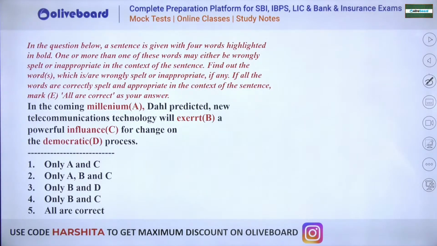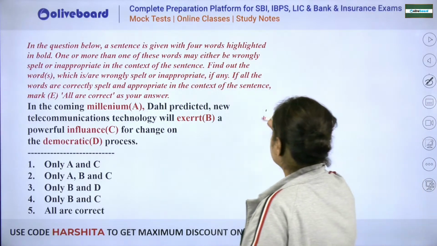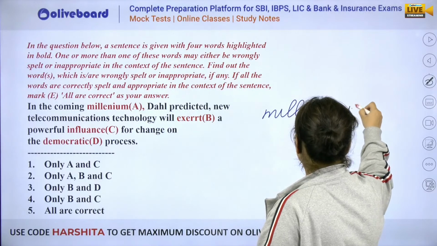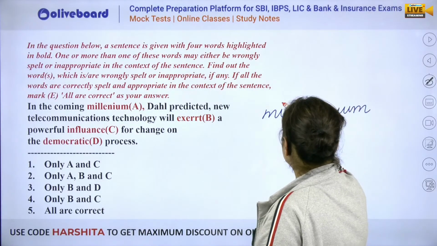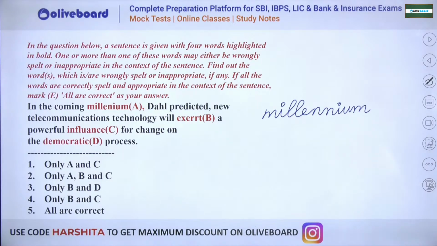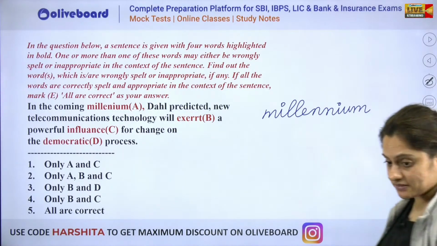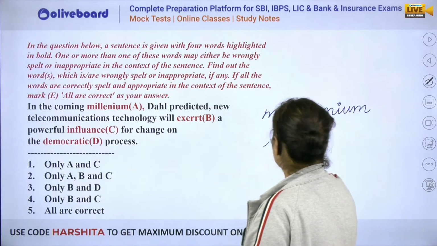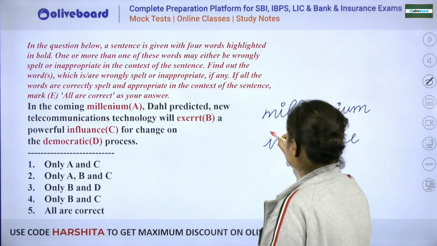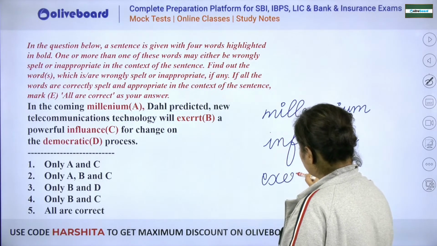Now this spelling, I think the majority make a mistake. But actually when you write millennium, there is double M and double N. The majority goes wrong with it, but millennium always has double N. Influence we all know. Then we also know exert. When we say exert, pressure, put pressure.